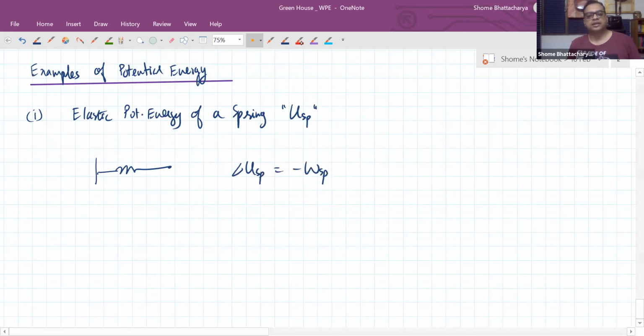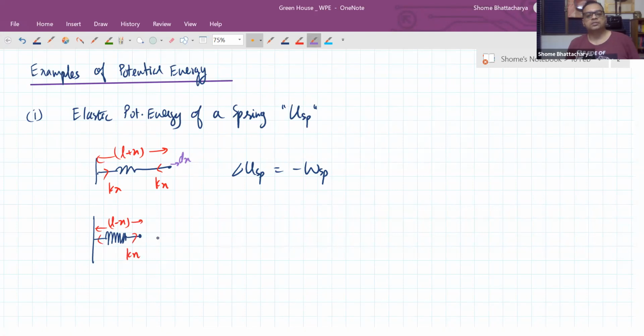Okay. And anytime a spring force is acting like this because the spring is extended and we are displacing this further, or anytime the spring is compressed, the spring force is acting like this, and we are compressing it further.